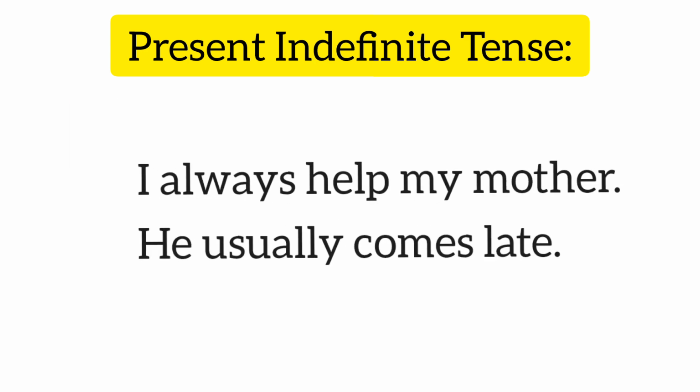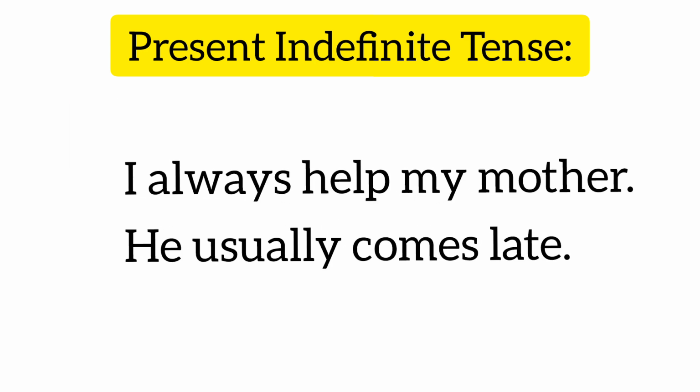For example, I always help my mother. In this sentence, you see the time word always has been used, so it is present indefinite tense. Similarly, in the second sentence, we have the common time word usually. So on the basis of such words, you will decide that this sentence belongs to present indefinite tense.